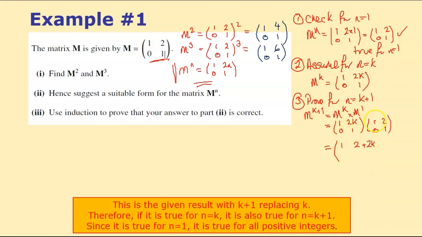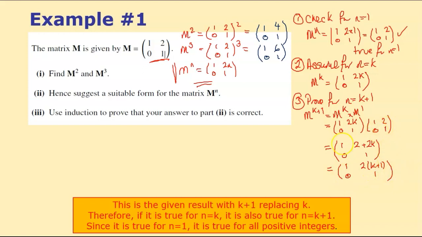Then 0 times the 1 is 0. 1 times 0, that's 0. 0 times 2 is 0. 1 times, that's 1. And I suppose at the moment it's not equal to what I want, but this is where I can just go, it's 1. And I can write here, a 2 comes out with a k plus 1. And you can see I factorised the 2's, the 0 and the 1 as before.